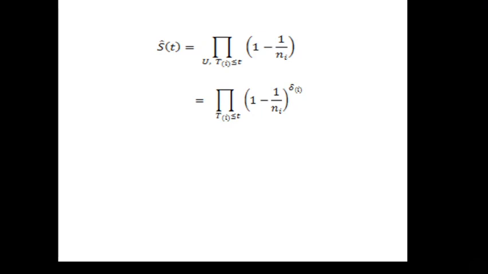So if there is censoring, then delta I will be equal to 0, correspondingly 1 minus 1 upon Ni raised to 0 will be 1, and that term will vanish. So virtually we have done nothing, both these terms will be equal.